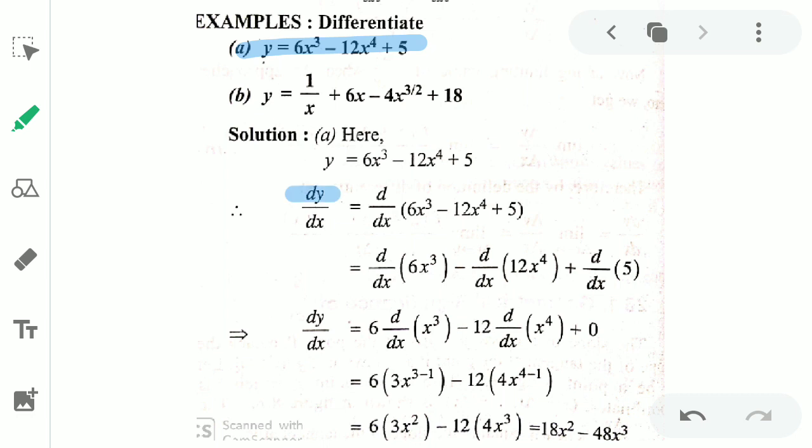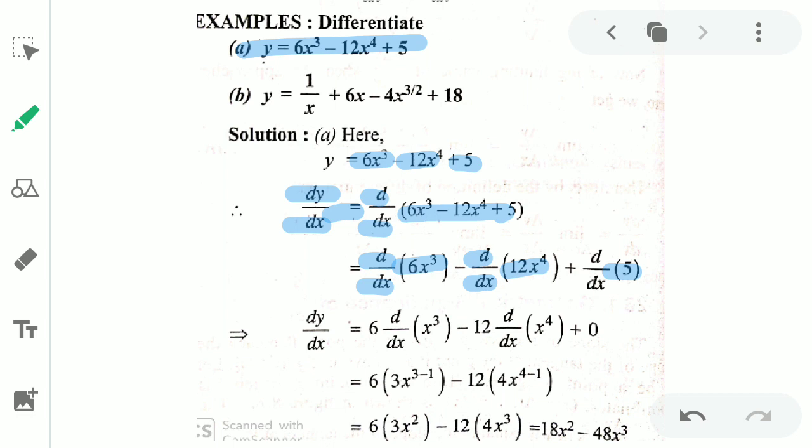So dy by dx will be equal to d by dx of 6x cube minus 12x to the power 4 plus 5. It means you apply the derivative on these three terms, 6x cube, 12x to the power 4, and 5. So we individually take the derivative with respect to x of 6x cube, minus the derivative with respect to x of 12x to the power 4, plus the derivative with respect to x of 5.